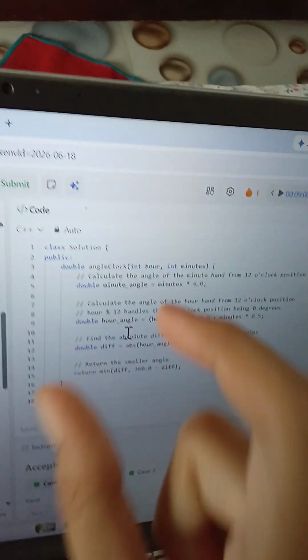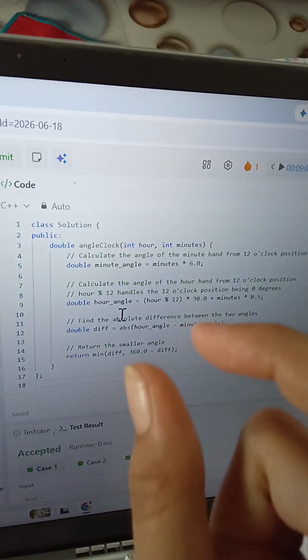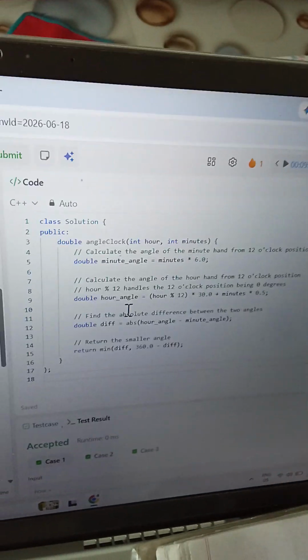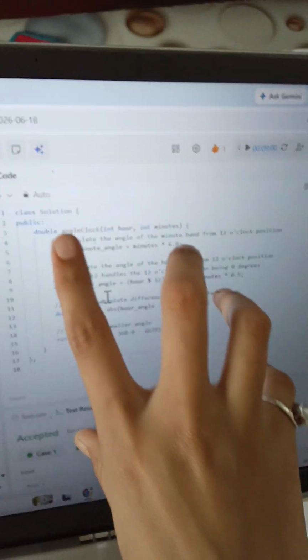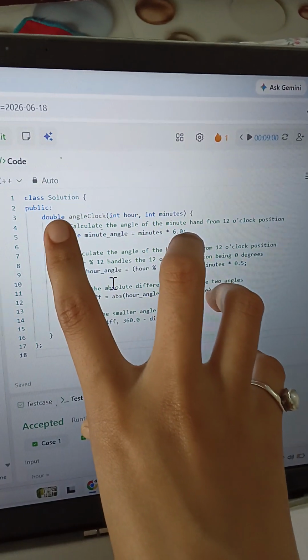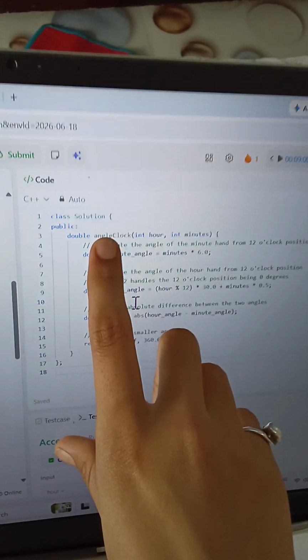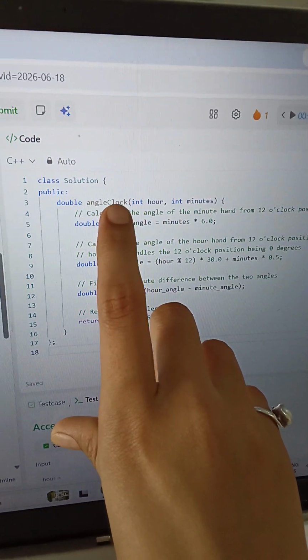So make sure that you are making the class public. If you have some private concerns, you can make it private also. In the public class we are making a method named angleClock.